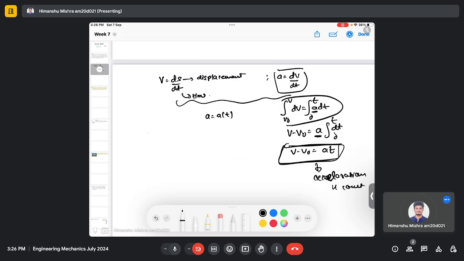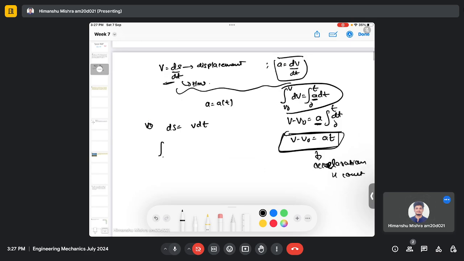Right? Similarly, we have defined the velocity as the rate of change of displacement in time. So I can write the displacement as ds equals v dt, and I can integrate it from s0 to s, and here from 0 to t.